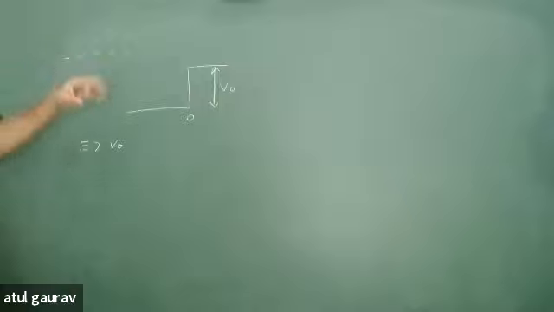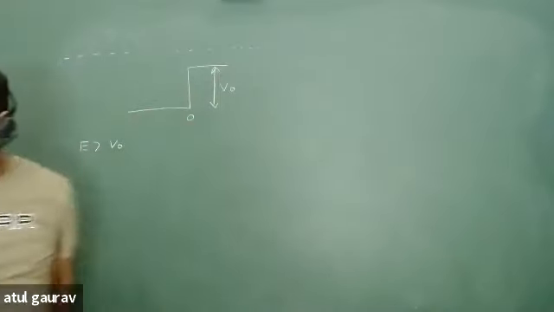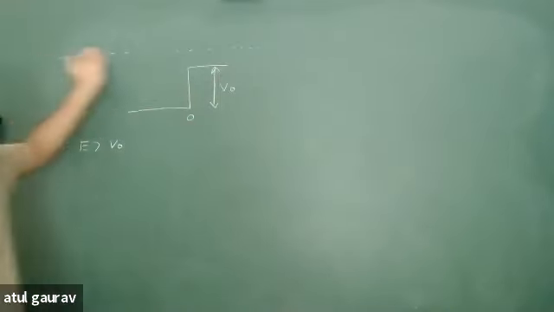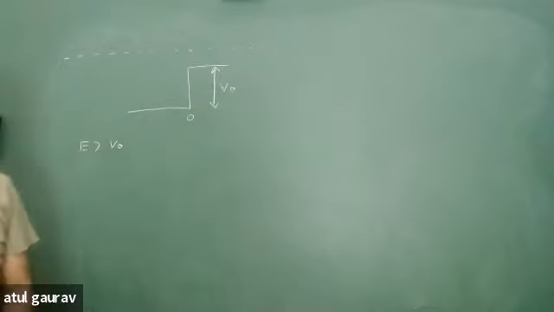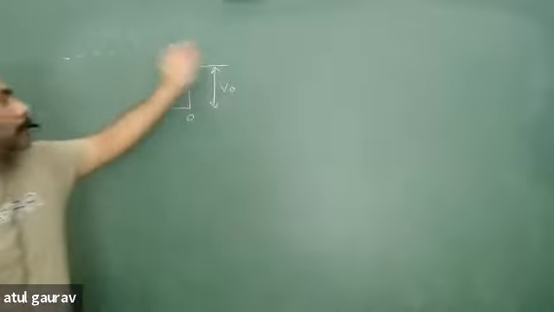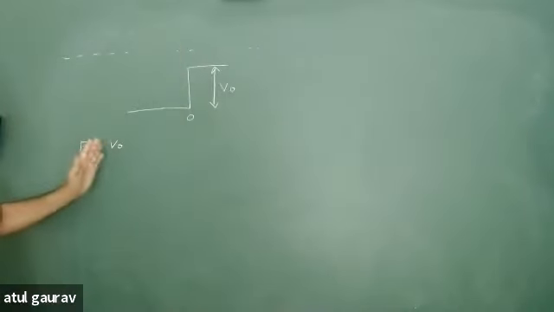Again, the same marble I send again, it will cross it. If I do this experiment 100 times, it is going to cross to the other side. It is impossible that the particle is going to reflect back.